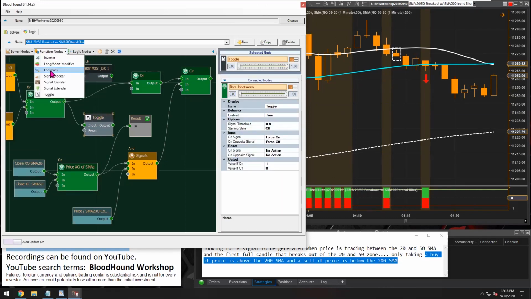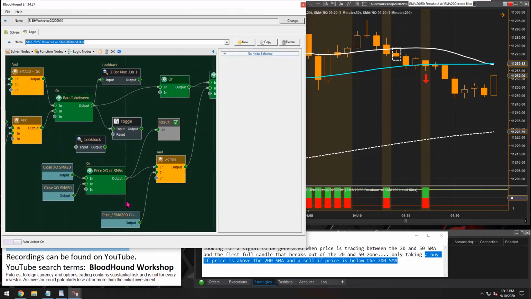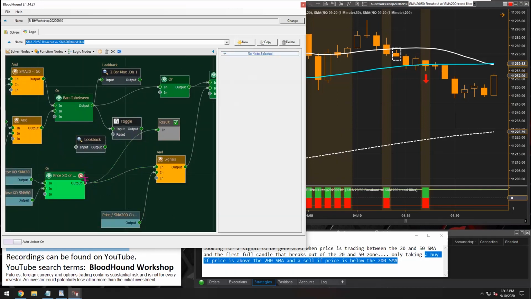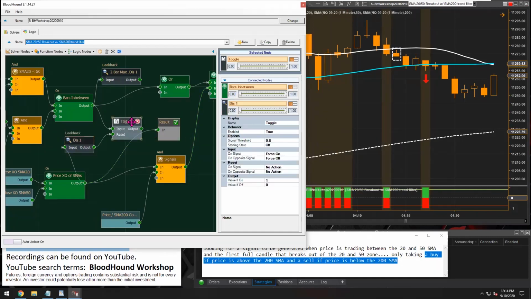But I need to delay that reset by one bar. This look back node, again, I'm delaying the crossover signals by one bar so that I don't turn the toggle node off too soon.